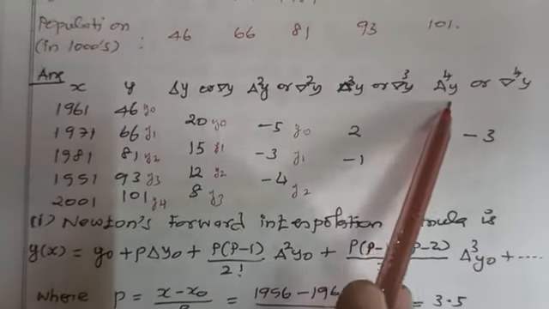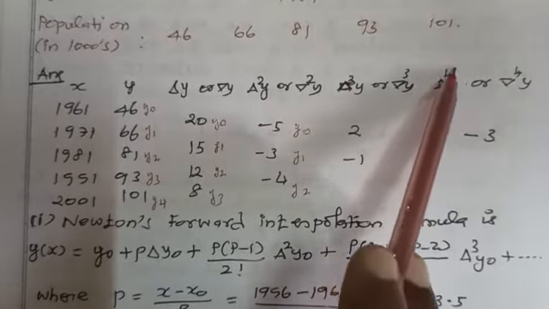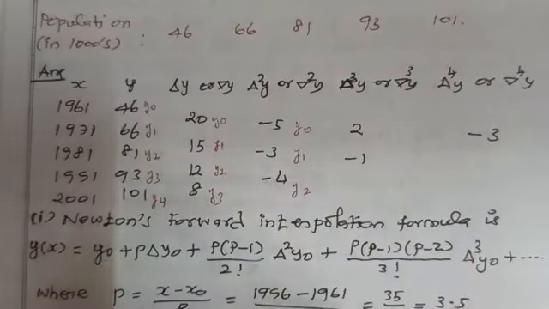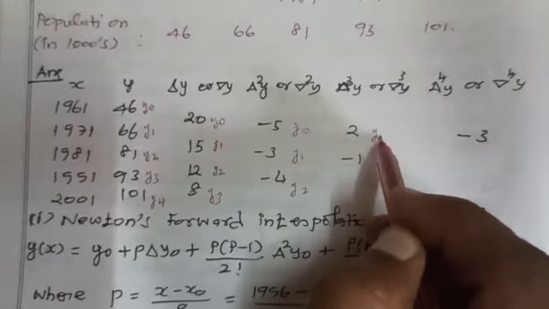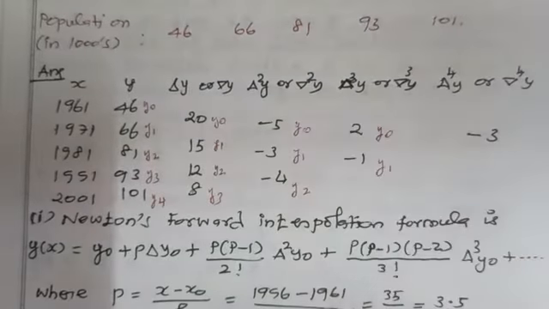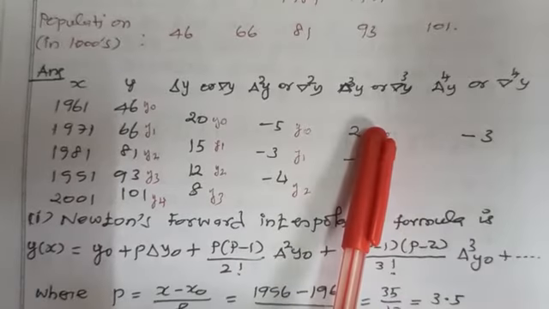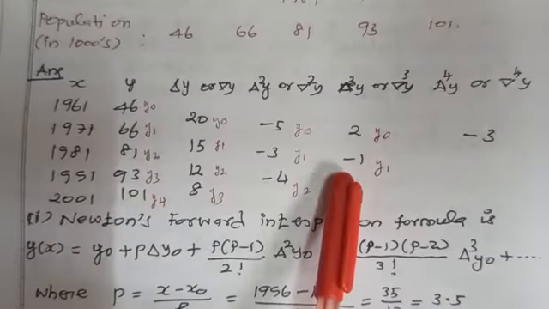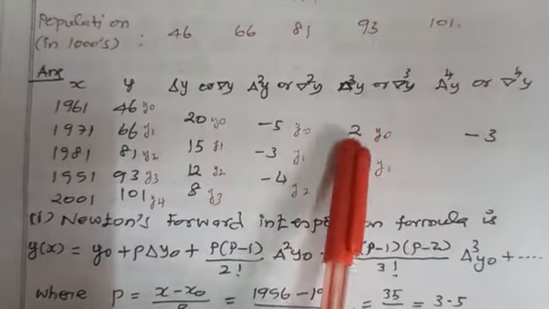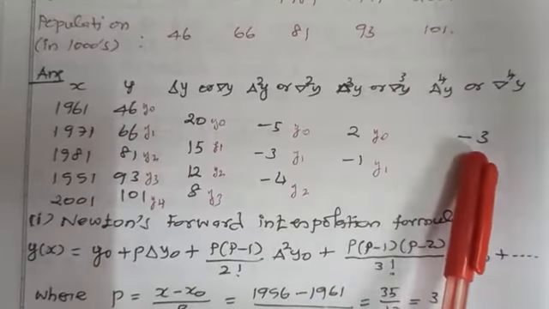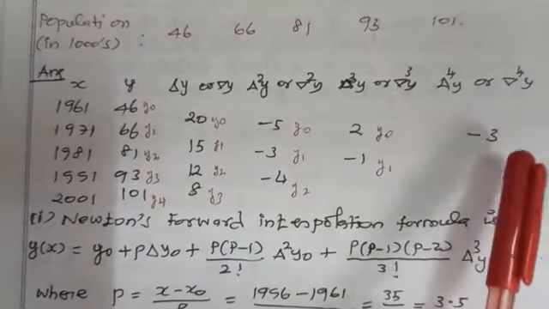Next delta power 4. We start with y0, y1. The difference between y1 minus y0: minus 1 minus 2. The difference is minus 3.